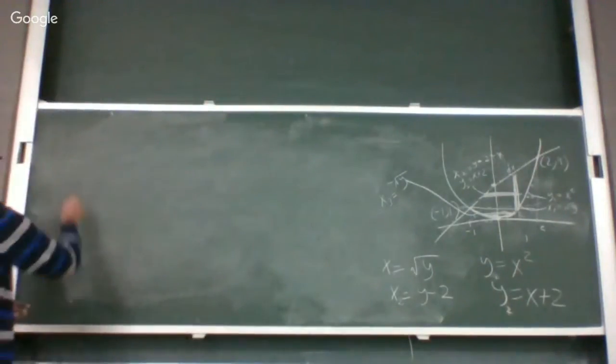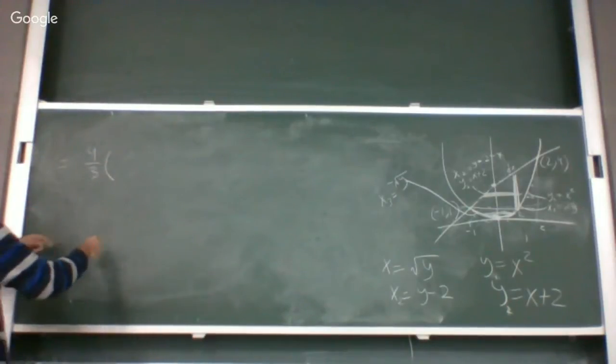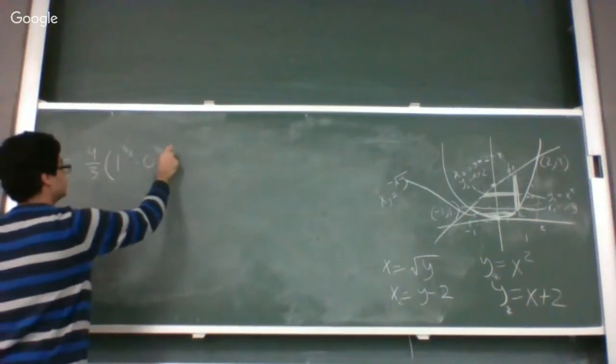The first part, once we plug them in, it'd be 4/3 times 1 to the 3 halves minus 0 to the 3 halves.